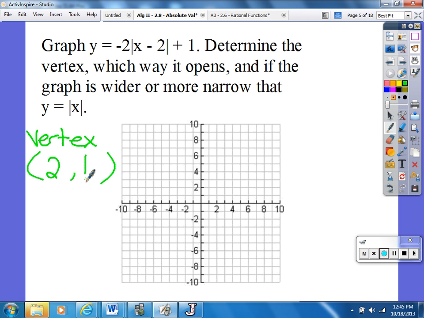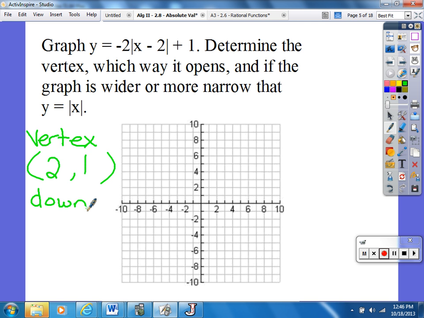Okay, so which way does this open? Is this going to be a regular V or do you think it's going to be an upside down V? In fact, this right here actually tells me it's going to be a down V. And then we talked about the words wider or narrower.